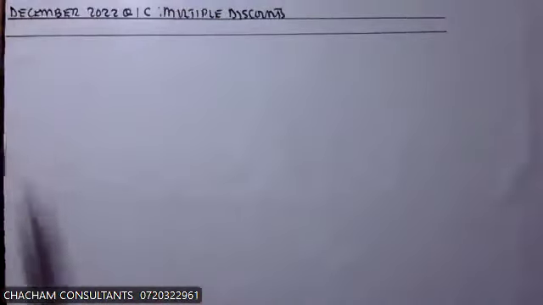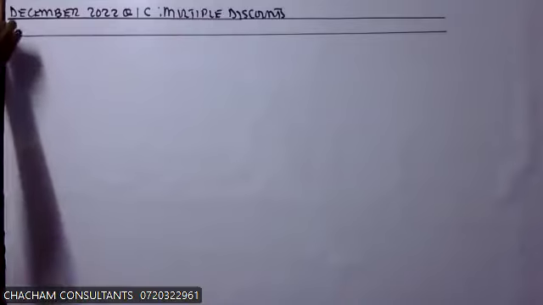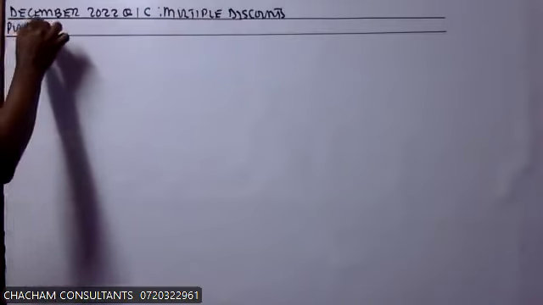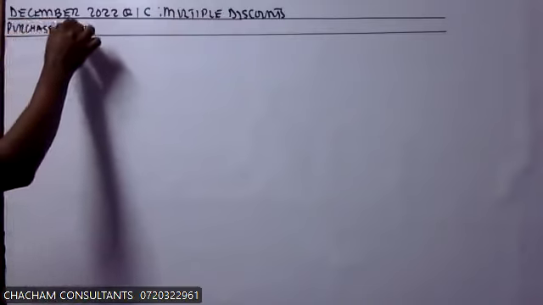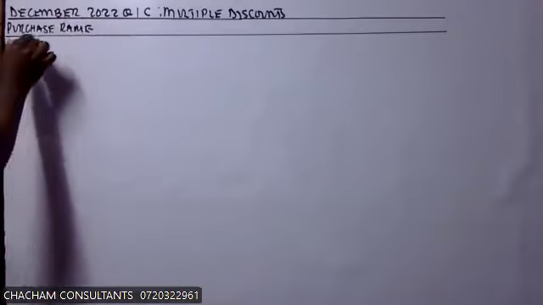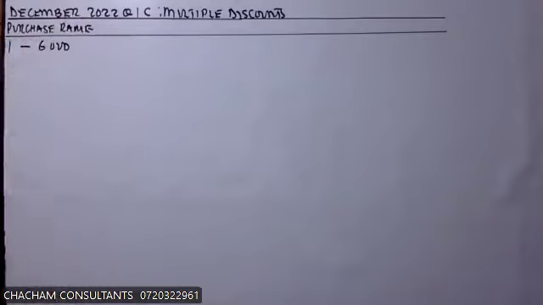The first column is the quantity range or the purchase range. Like now, the first one is 1 to 6,000.